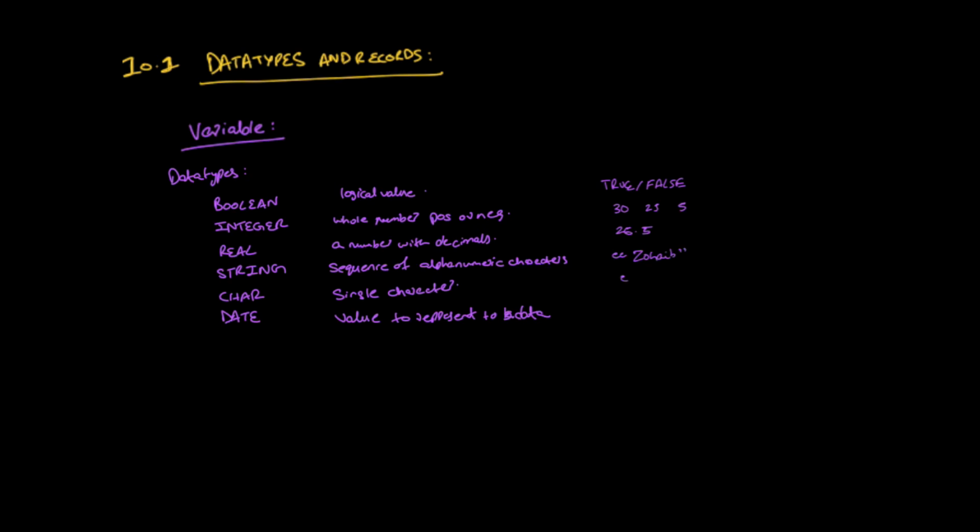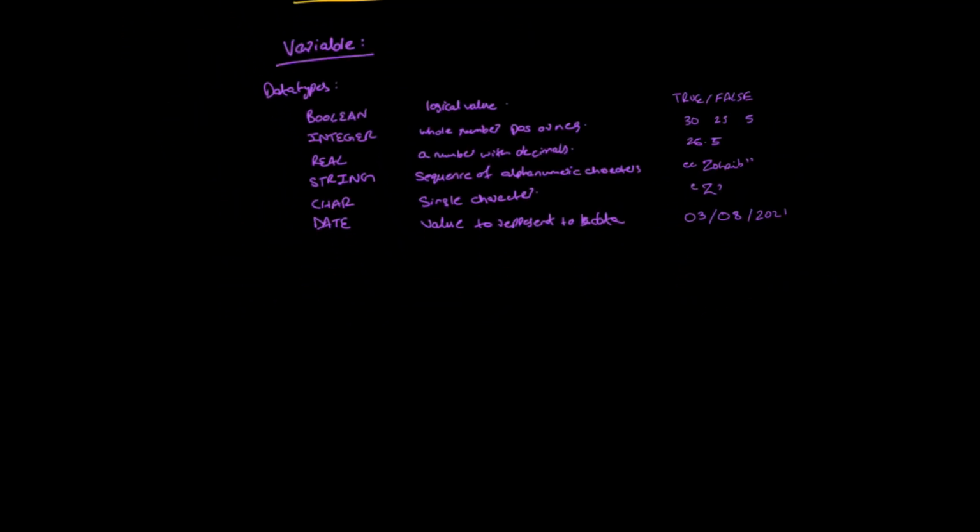For a char, it should be in a single quotation mark. And a date can be, let's say, today's date, whatever the date is. So these are the data types which are present inside our CIE current syllabus.